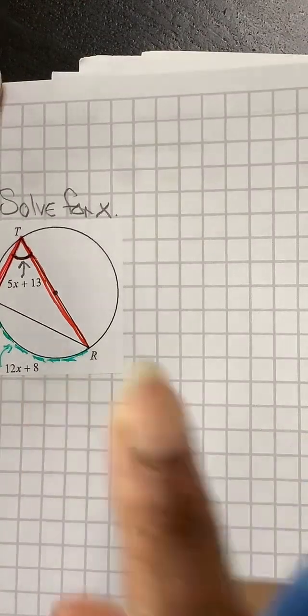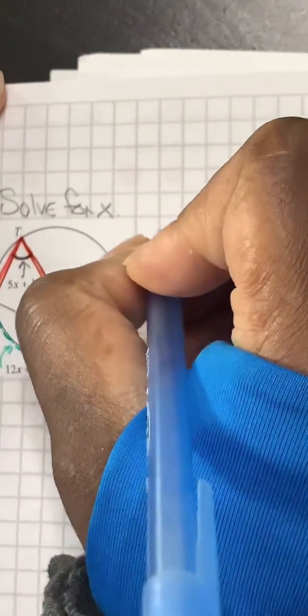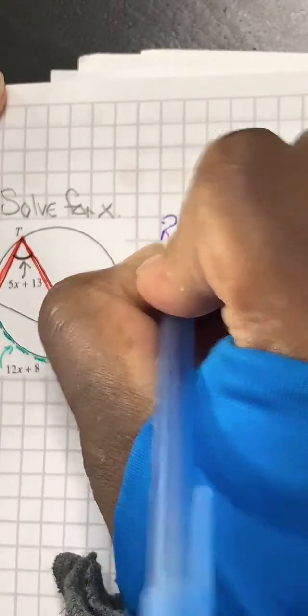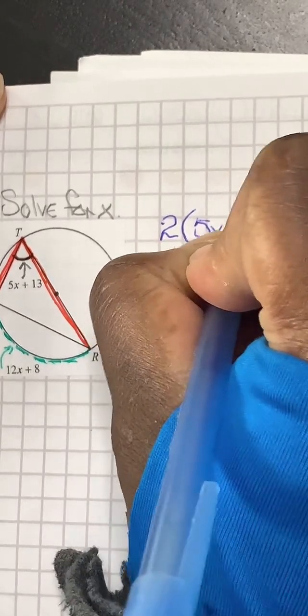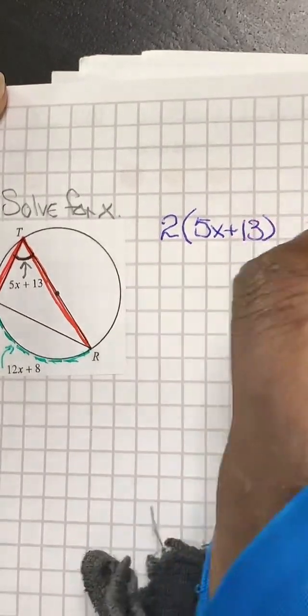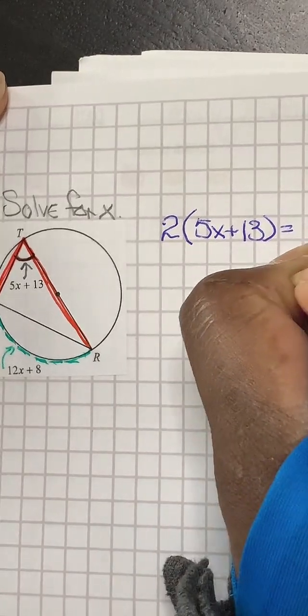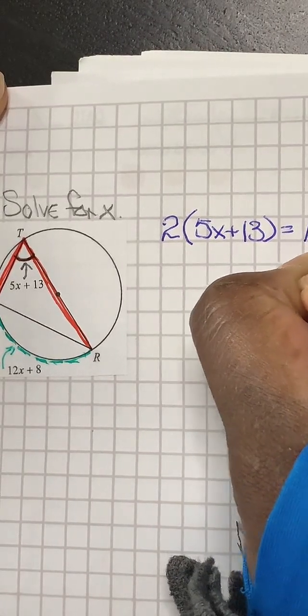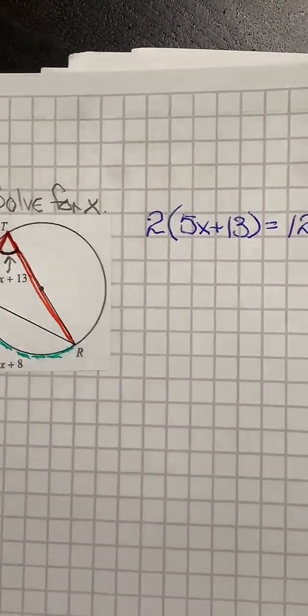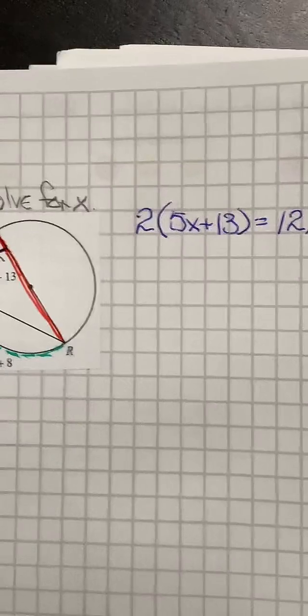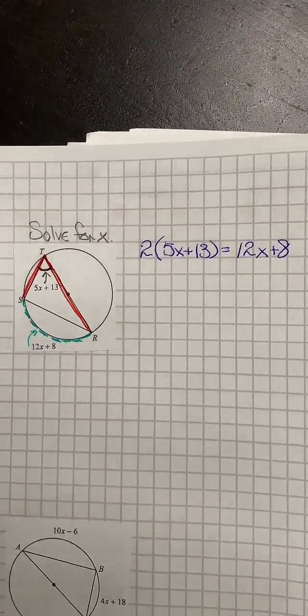That choice is going to be up to you. So if I do 2 times (5x plus 13), if I double it, it's going to equal the measure of the arc. Let me zoom a little less so we can all see.